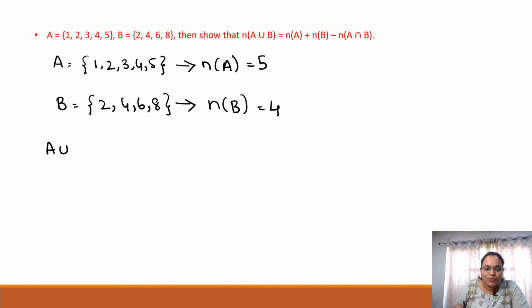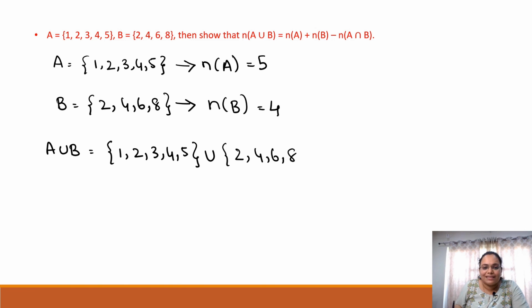So A union B is equal to, what is A? 1, 2, 3, 4, 5 union 2, 4, 6, 8 is your B. So what is A union B? All the elements from both the sets, right?